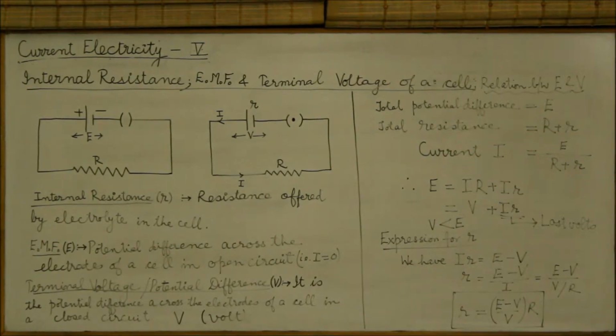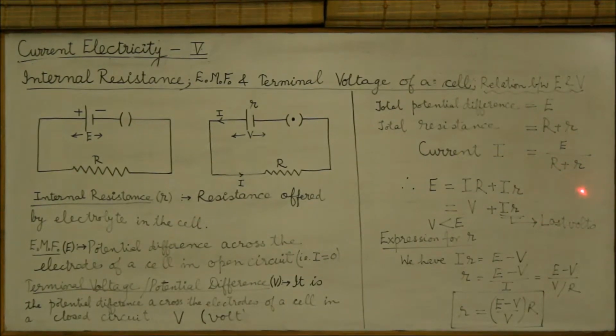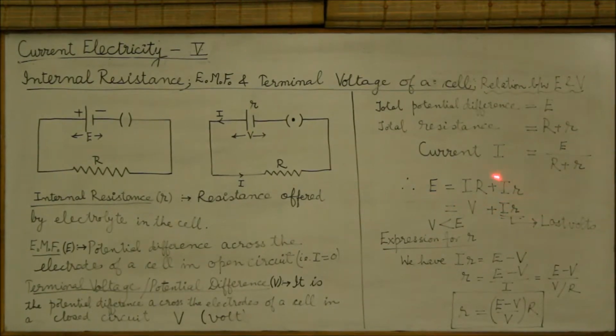As a result, if you apply Ohm's law, the current comes out to be I equal to potential difference E over capital R plus small r, the total resistance. Therefore, E equal to IR plus I into small r.